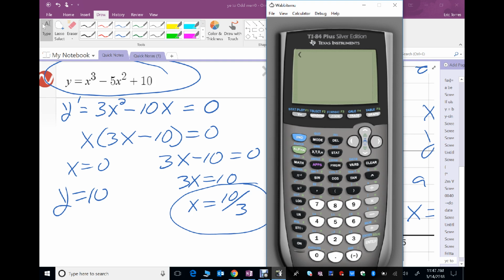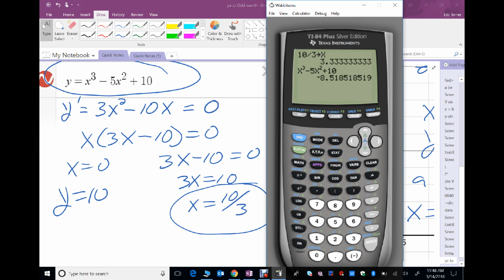I'm going to do a little shortcut. 10 divided by 3, I'm going to store as my x value. That way I can write less. And I have x cubed minus 5x squared plus 10 is going to give me my y value.